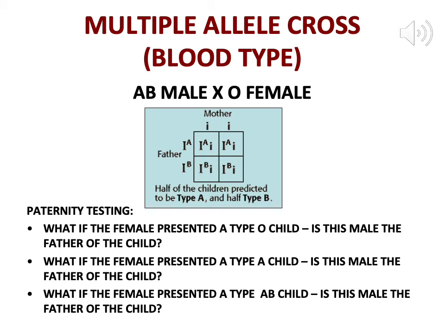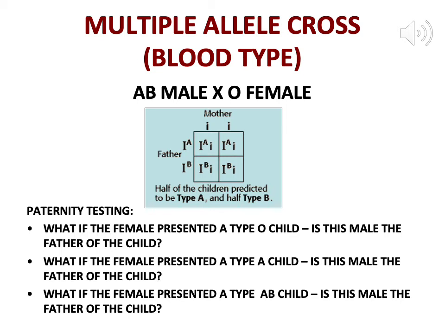Let's take a look at 3 possibilities. You'll see 3 bullet points down here. First one, what if the female presented a type O child? Is this male the father of the child? Well, if you would be presented with this on an exam, what you would have to do is devise your own Punnett square, much like I see it here on this particular slide.